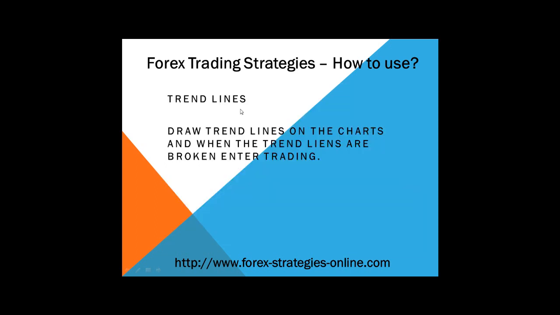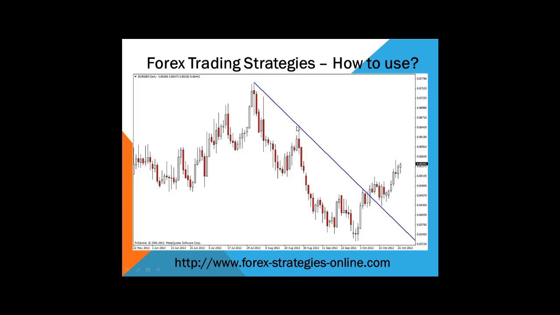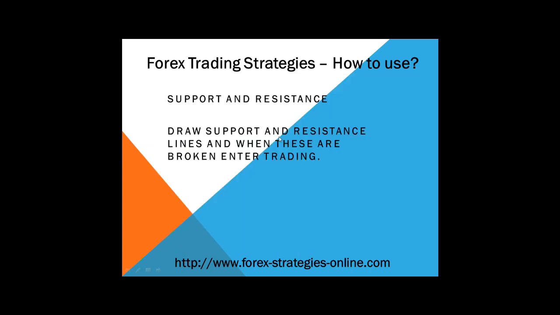The next one is trend lines. Normally traders draw trend lines on the charts, and when the trend lines are broken, they enter trading. This is an example. If you see, I have drawn a trend line here, and the price broke the trend line and it went in the same direction, and is going in the same direction. Next one is support and resistance.